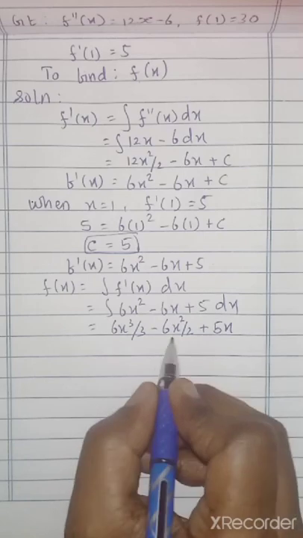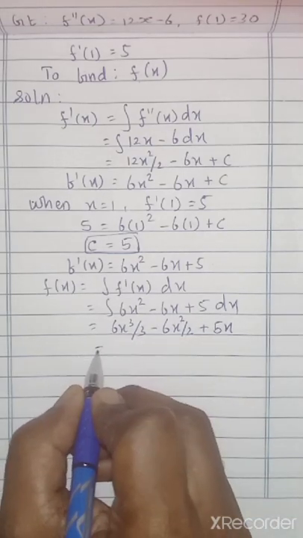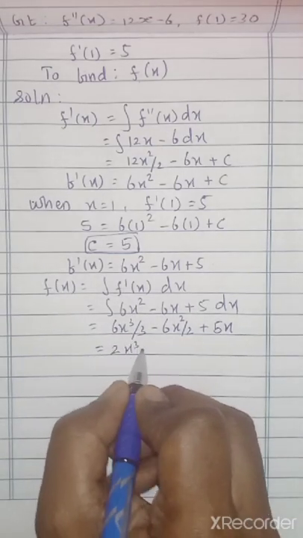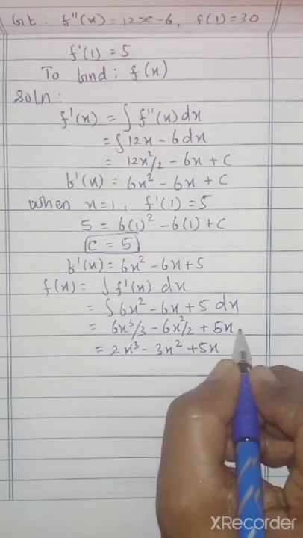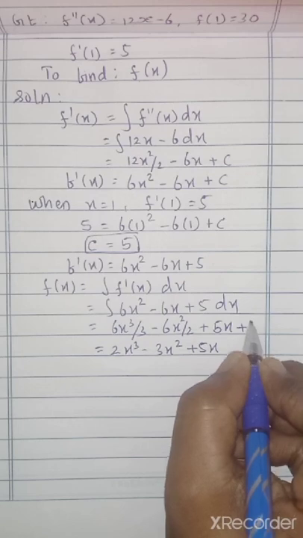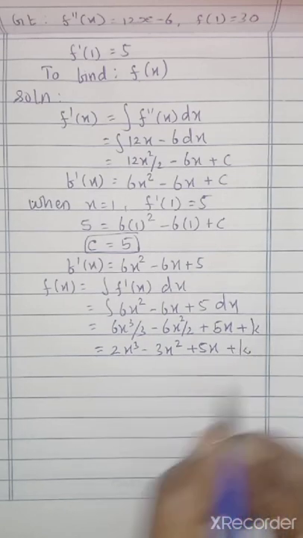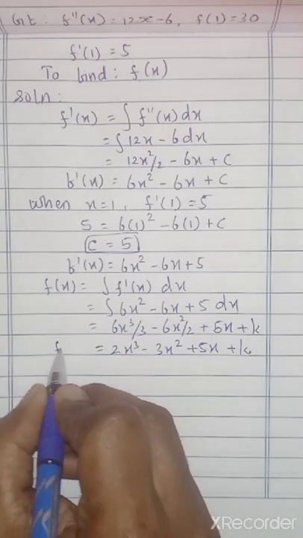Okay, so after cancelling all those things, you will get 2x cube minus 3x square plus 5x plus constant. We can take the constant as k, plus k. So this is your f of x.